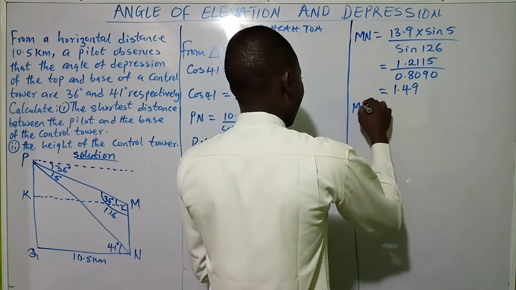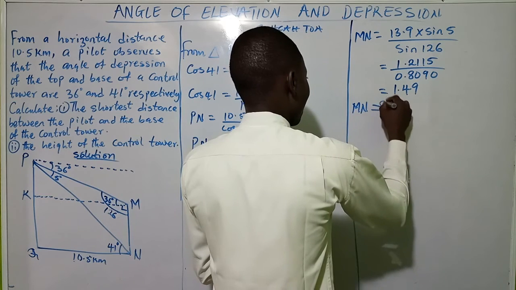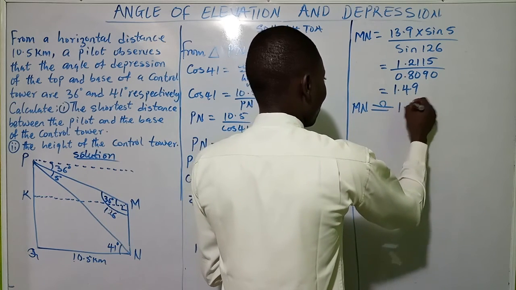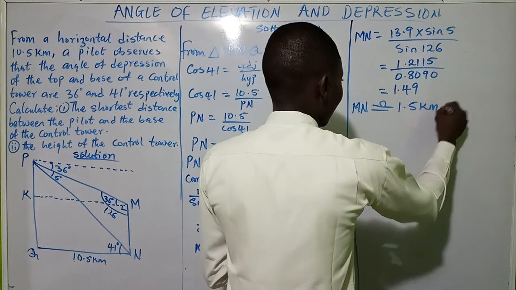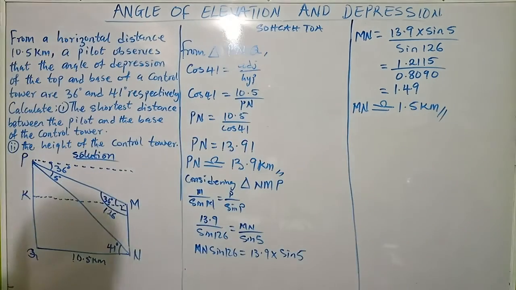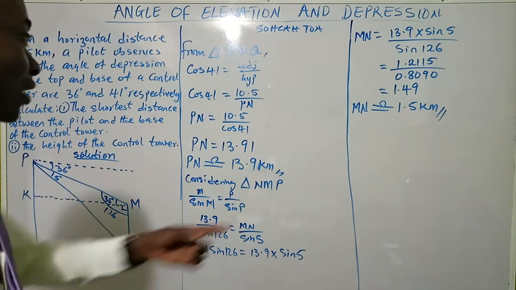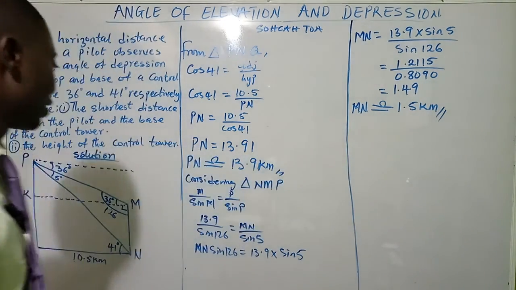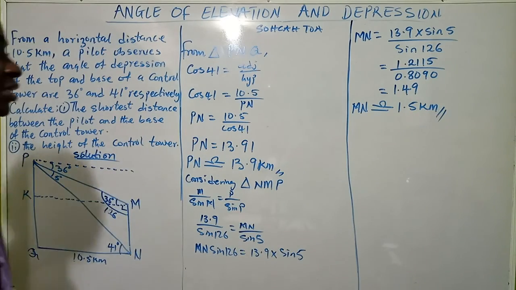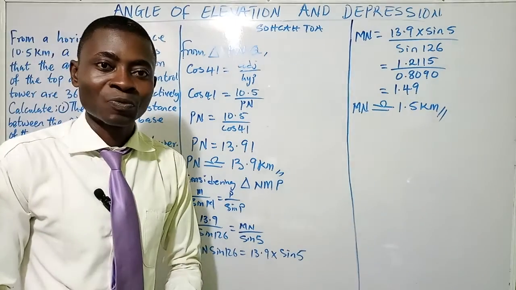So MN is approximately 1.5 kilometers. That is it. 1.5. So that is the height of the control tower. So the height of the control tower is 1.5 kilometers. That is it. Not difficult at all.